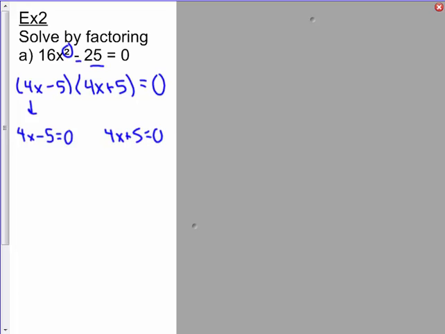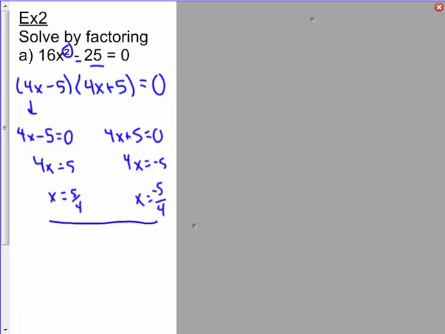I solve each of them, move the 5 over, divide by 4, so I get 4x equals 5, so x is 5 fourths, and here I get x is negative 5 fourths.